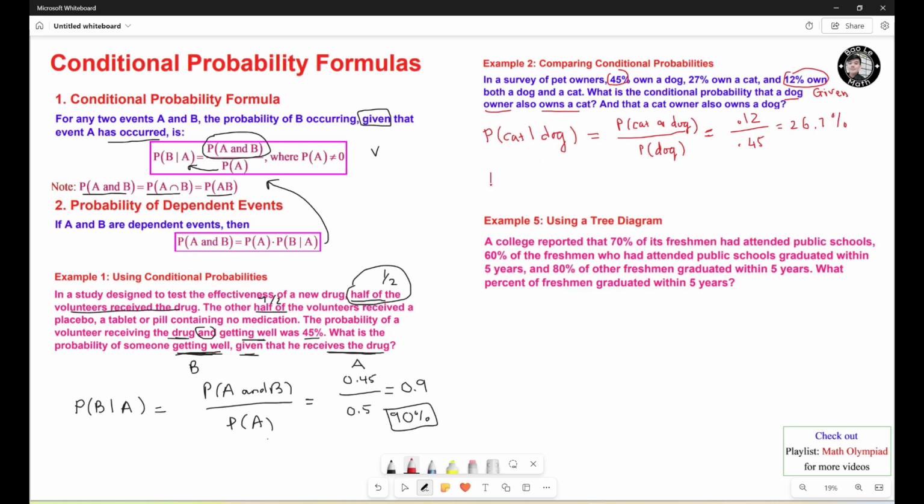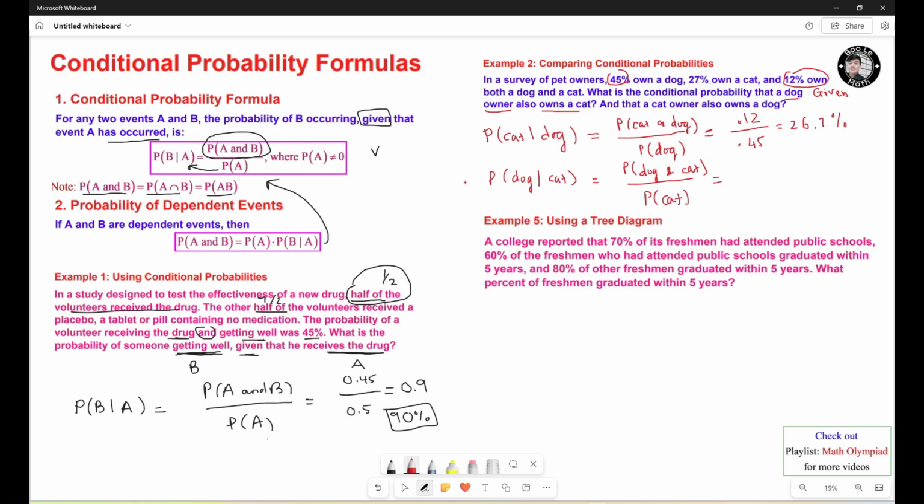Now, the second one: the probability of owning a dog given owning a cat equals the probability of dog and cat divided by the probability of owning a cat.